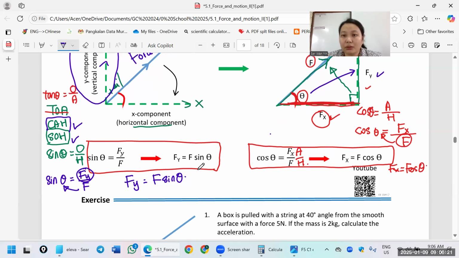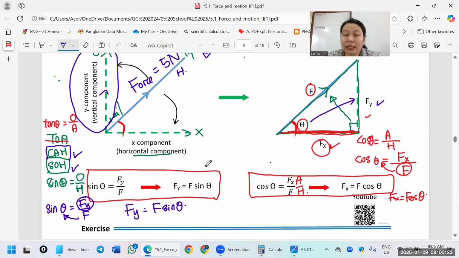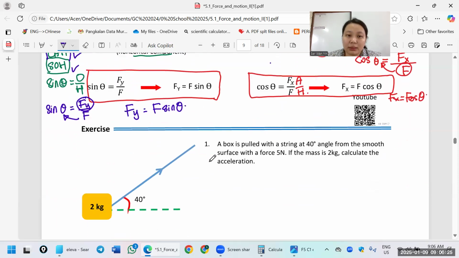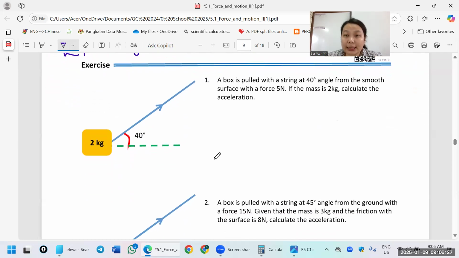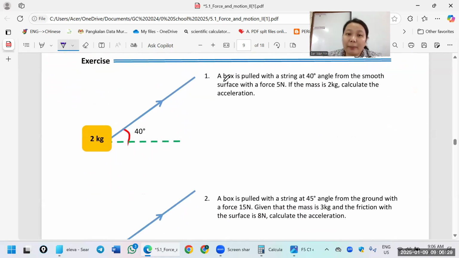Now let's try an exercise. A box is pulled with a string at a 40 degrees angle from the smooth surface with force 5 Newton. So this is force 5 Newton. Its mass is 2 kg. Calculate the acceleration.